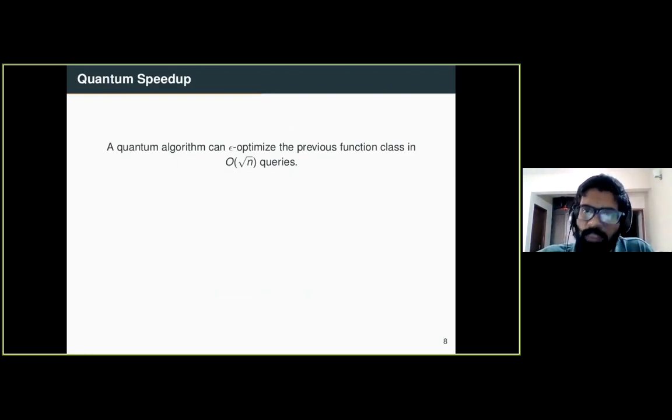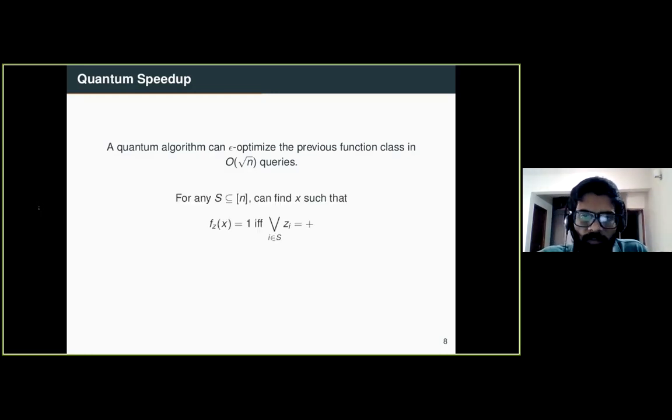And the reason for this is not Grover's, as it usually is for a quadratic speedup. In this case, for any subset S of 1 to n, you can perform an OR query over the zi bits with a single query to some x. That is, for every S, you can find an input x, and then you query the function with x, and you'll get 1 if and only if this OR query is actually 1.